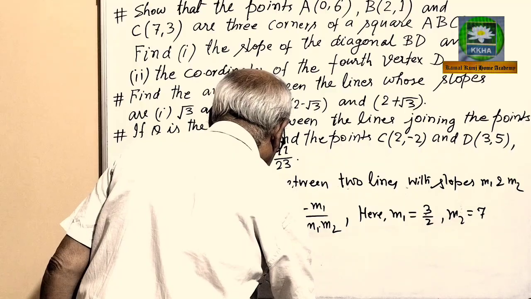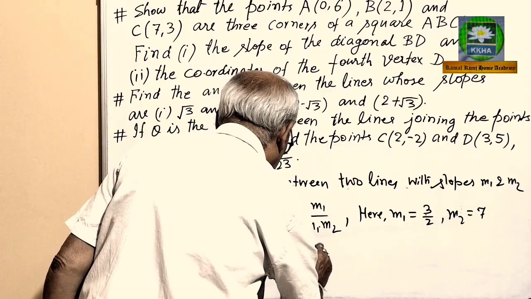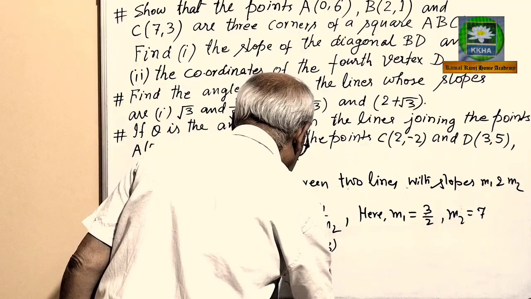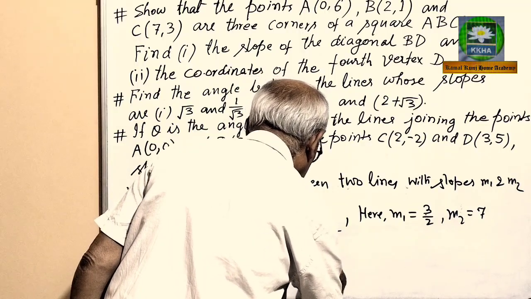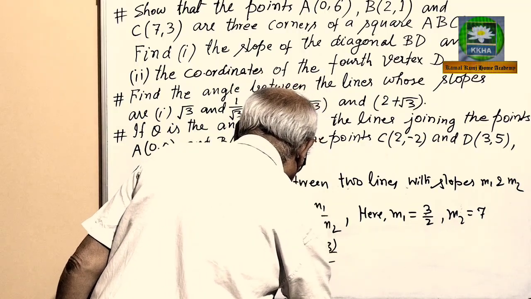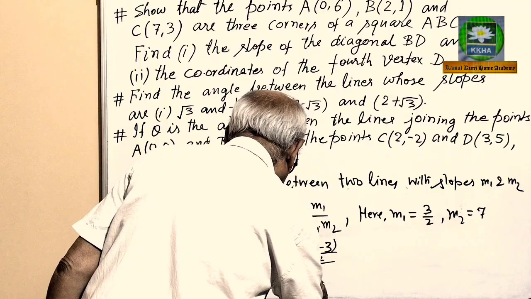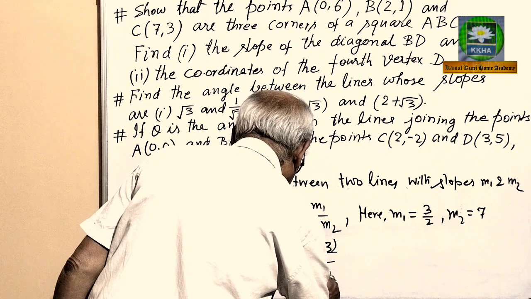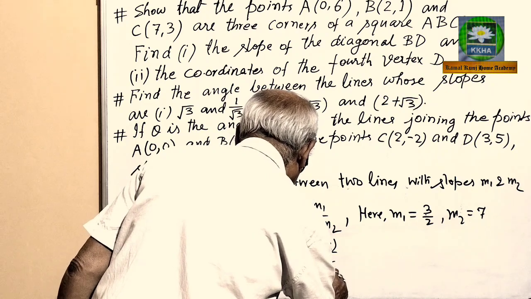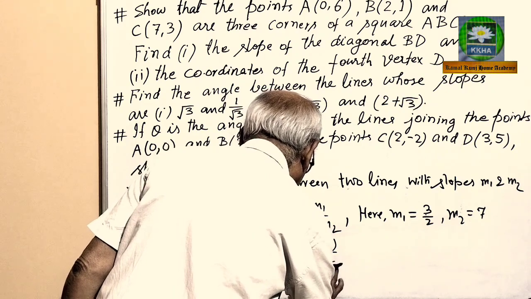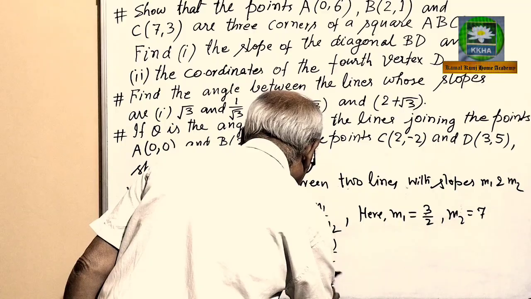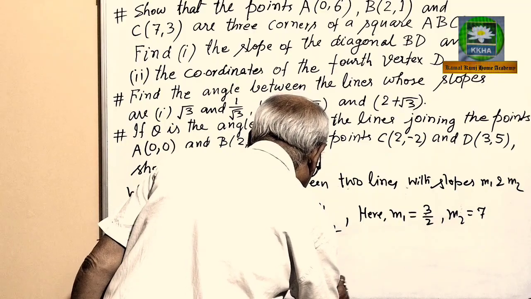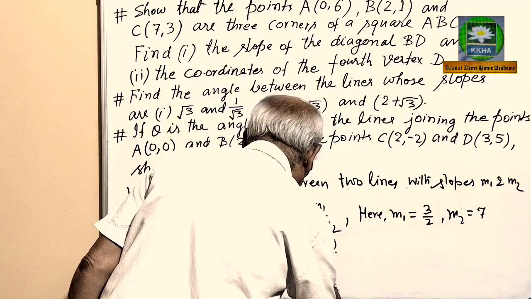This is equal to 14 minus 3 upon 2 divided by 2 plus 21 upon 2.